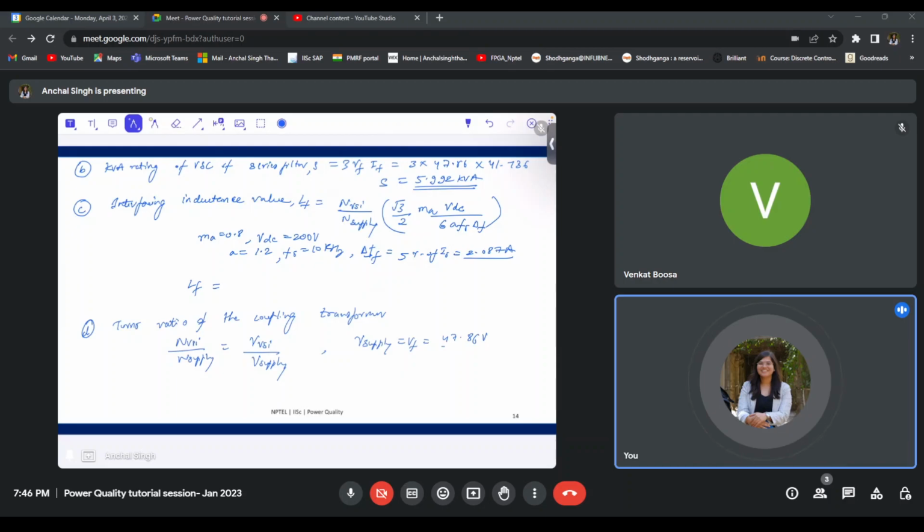Now we know that the VVSI is equal to the maximum AC voltage on AC side of voltage source converter, which is given by M times VDC by 2 root 2. And M is 0.8, VDC is 200, divided by 2 root 2, which will come out to be approximately 56.57 volts.